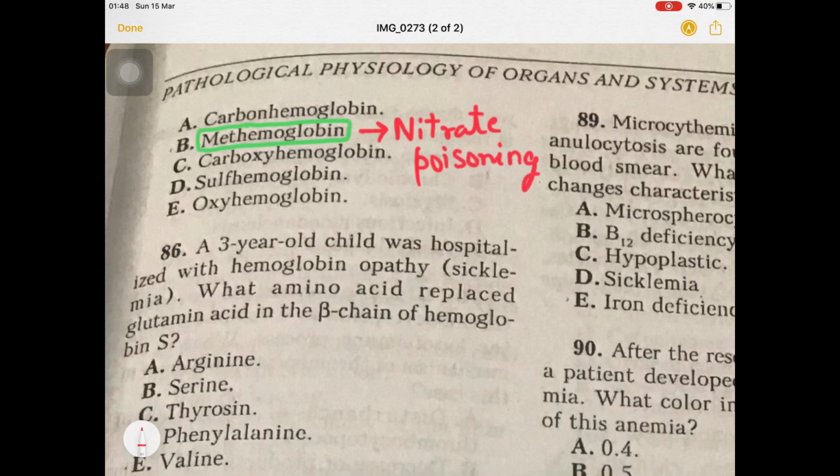Methemoglobin, and due to that your body will change into a bluish color. So a bluish tint or bluish discoloration will be seen in your body, because your body is obviously not getting a proper amount of oxygen. Because instead of oxyhemoglobin, your body is having methemoglobin. Okay, so let me move further from here.